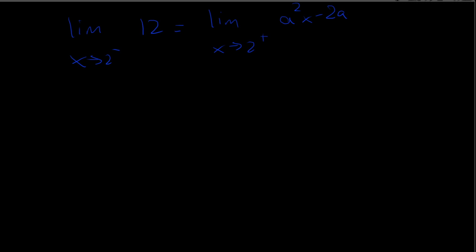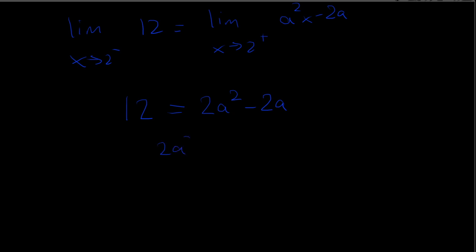I'm going to plug in x equals 2, and from the left here, we see that 12 is a constant, so regardless of where you're approaching it, it's always going to be 12. And to the right, I can just plug in x equals 2 to get 2a squared minus 2a.